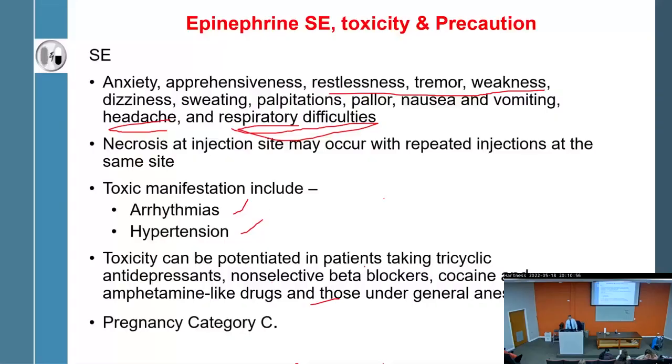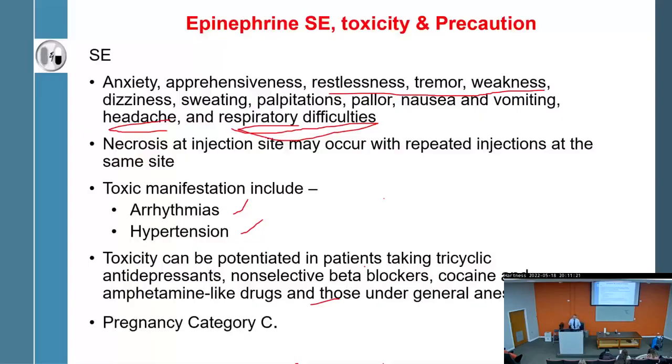If patients are taking some other drugs that can interfere with adrenergic transmission, like some beta blockers, cocaine is actually a blocker of the reuptake process. So imagine a person with cocaine will have a lot of norepinephrine and epinephrine in the synaptic transmission, producing a lot of effects.